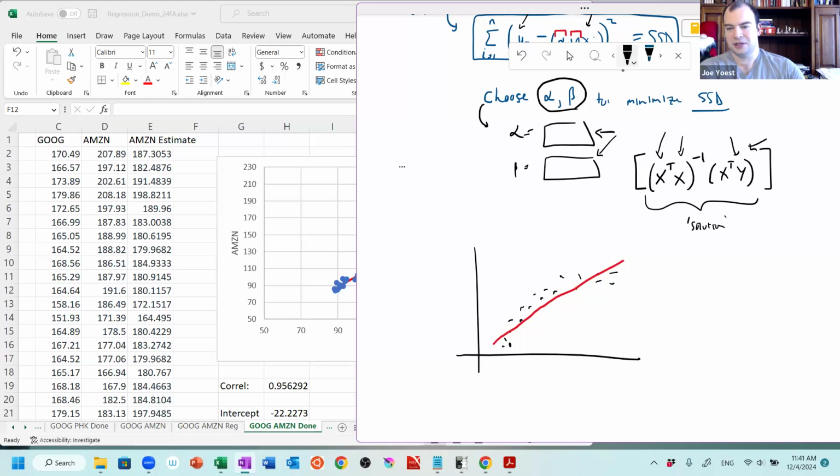I might see that there's a fundamental bit of nonlinearity that my model is not picking up. And I might be a little more skeptical of using this model, especially making inferences outside of the bounds of where my data actually lie.